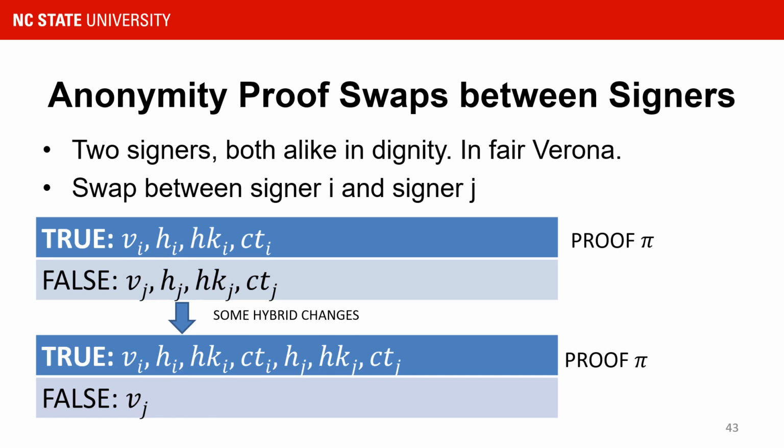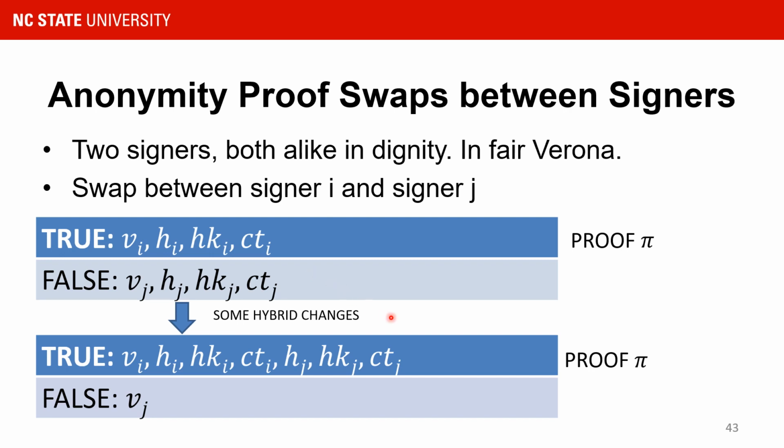So all right, I have two signers, signer I and signer J, and initially that first set of values is the part that's true in the OR proof. VI, HI, HKI, and CTI really do come from signer I, and VJ, HJ, HKJ, and CTJ are false for the proof, right? They're just picked randomly.